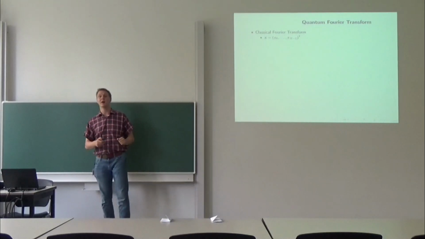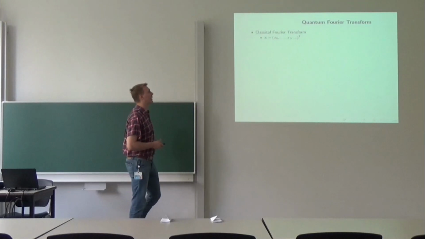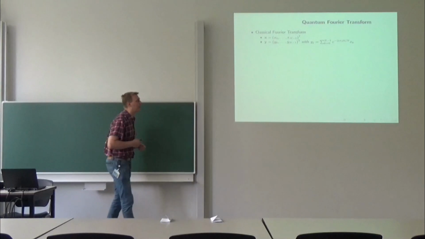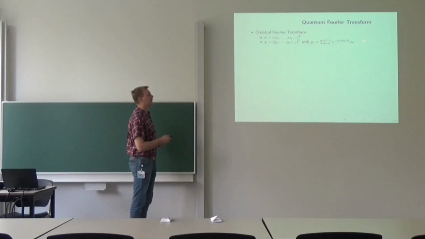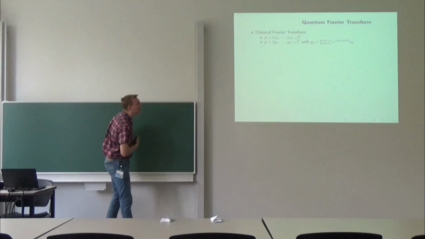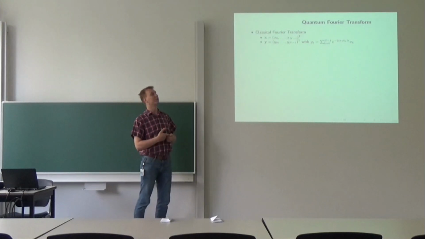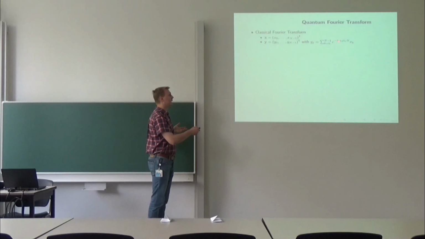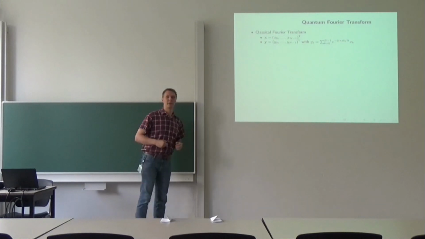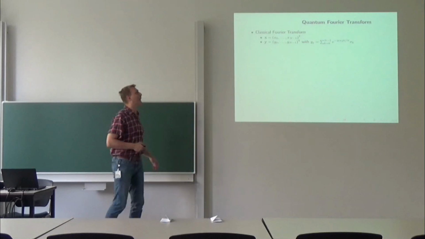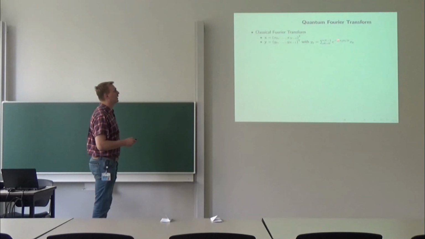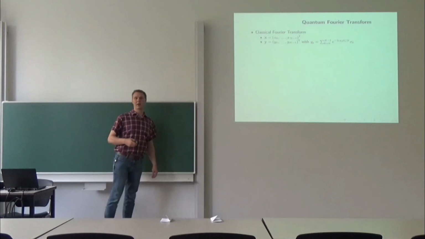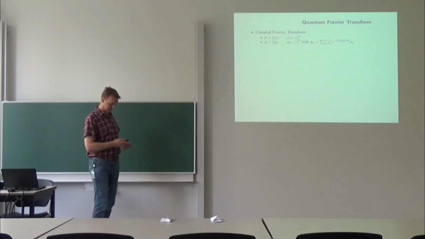We have a vector of n complex numbers, and we want to map them to another vector of n complex numbers satisfying this relation. So the jth complex number of the new vector is, well, you take some exponential function and multiply it with the kth, and then you sum. I never know if there should be a minus symbol here or not. At any rate, I think it doesn't matter for this purpose.